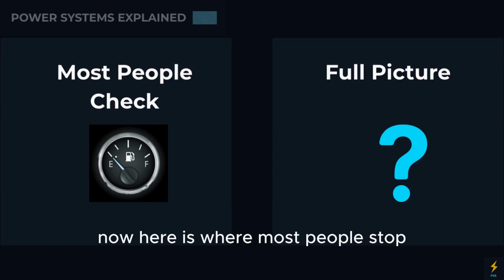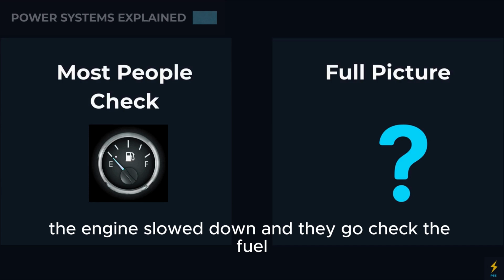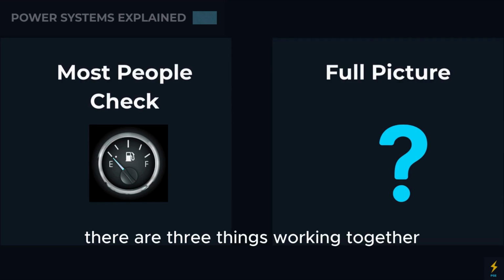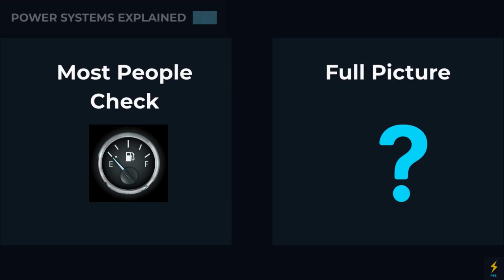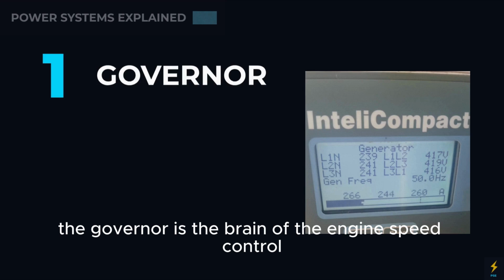Now, here is where most people stop. They say the engine slowed down and they go check the fuel. That's not wrong, but it's not the full picture. There are three things working together to keep that engine at the right speed under load. Number one, the governor. The governor is the brain of the engine speed control.